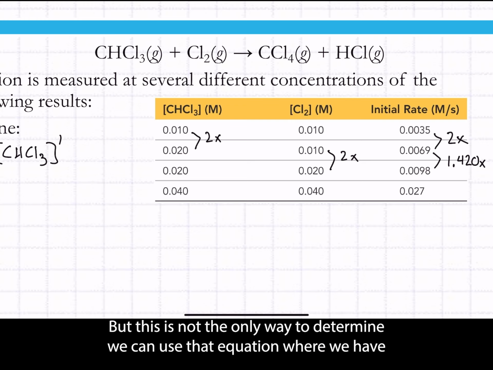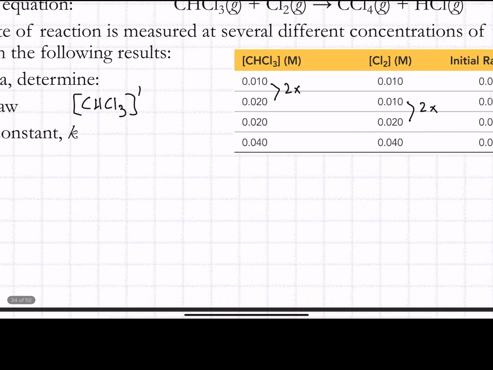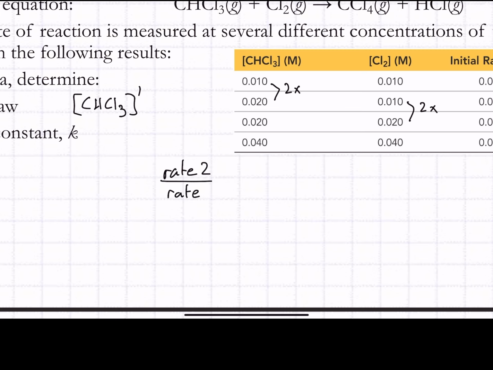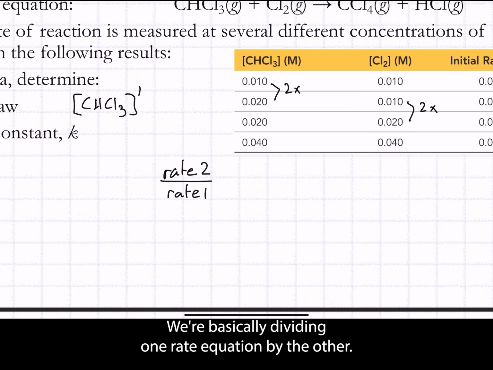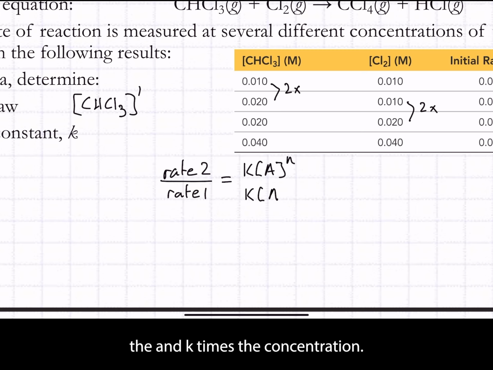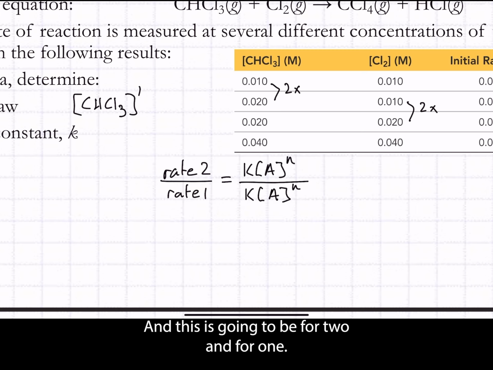But this is not the only way to determine it. We could use that equation where we have rate 2 divided by rate 1. We're basically dividing one rate equation by the other. And this should be k times the concentration to the n, over k times the concentration to the n, for 2 and for 1.